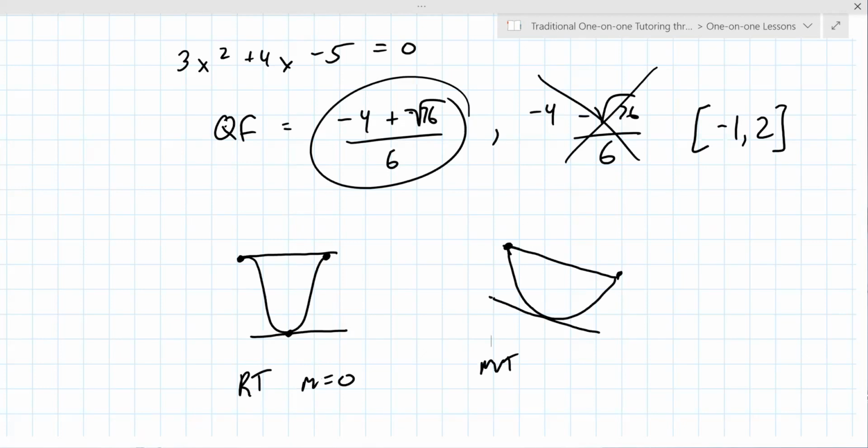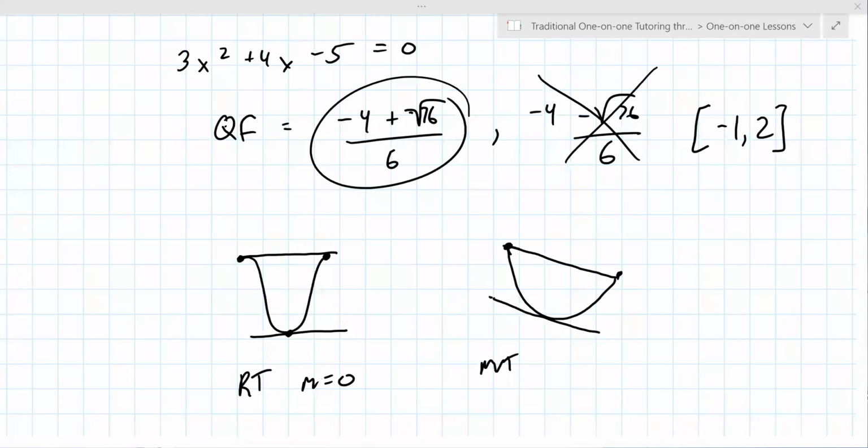I'm trying to find a Rolle's theorem example. Let's see if I can find one here. Yeah, so here's one that we can do.